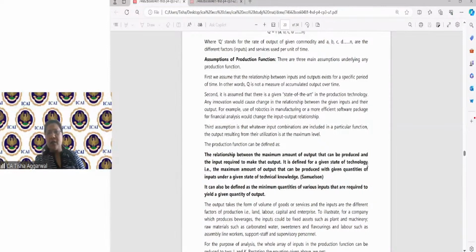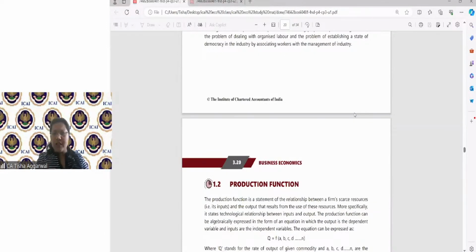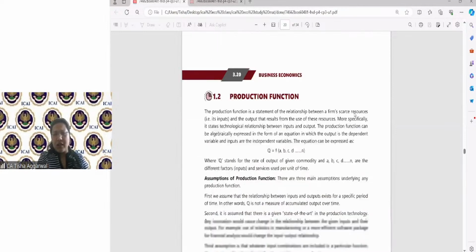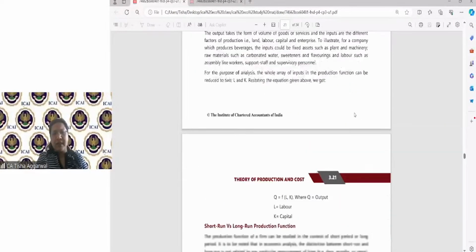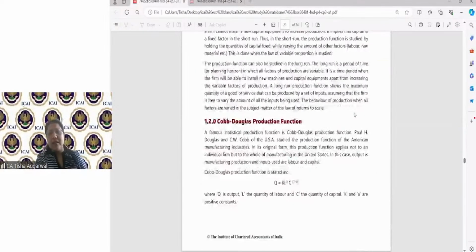Perfect. Let's go ahead. When we talk about the production function, that is the Cobb-Douglas production function, please understand that it is not just about the individual firm, but about the whole manufacturing in the United States. They say that the manufacturing output is always a function of labor and capital.